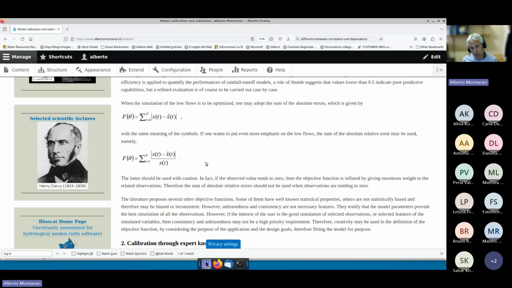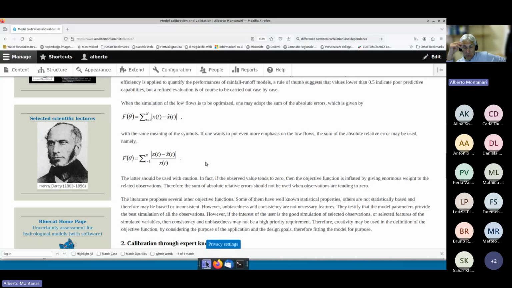So this is to be used carefully. If you have variables that are quite far from zero, it may give good results. If you have intermittent river flows, for instance, you can't use this because you have zeros. But even if you have very low values like 0.0001, then you have to be very careful in using it.